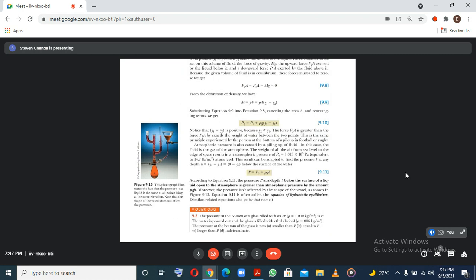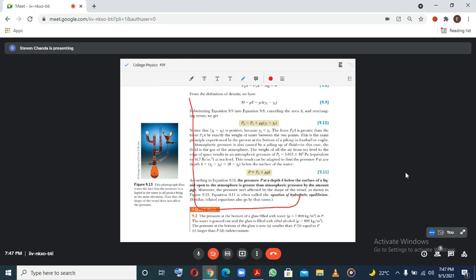So what this is saying is, let's say you've got a container, and you've got fluid.